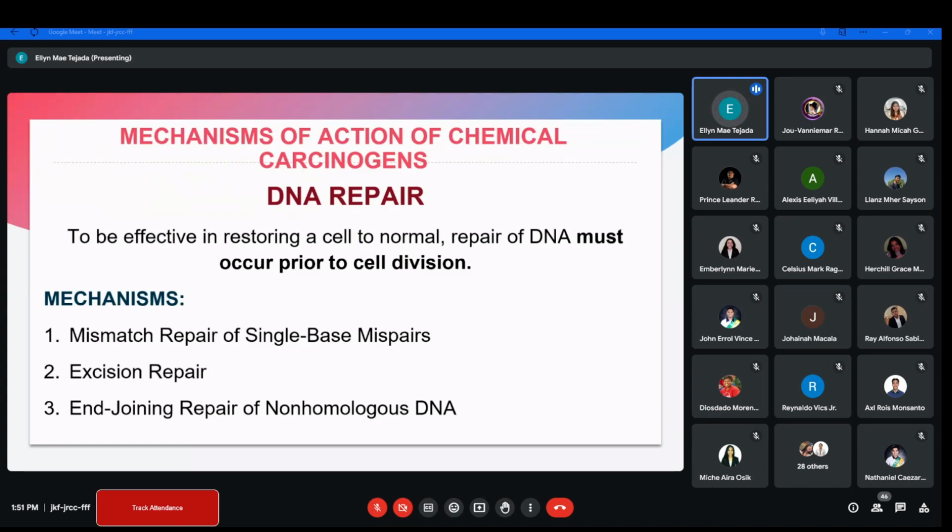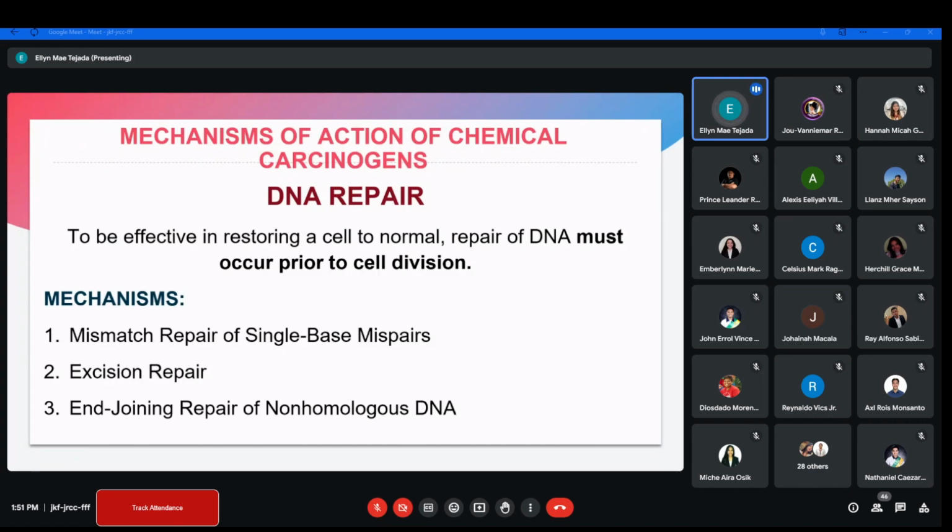To be effective in restoring a cell to normal, repair of DNA must occur prior to cell division. Going back to replication, if you can still remember that one, in order for a cell to become normal, it should be done prior to the cell division.